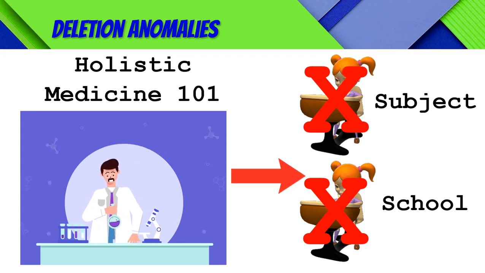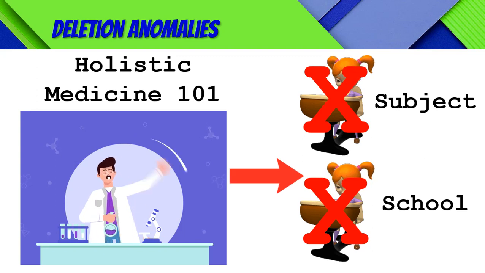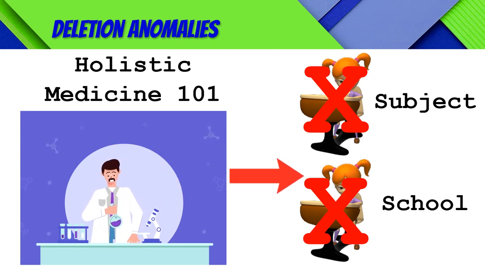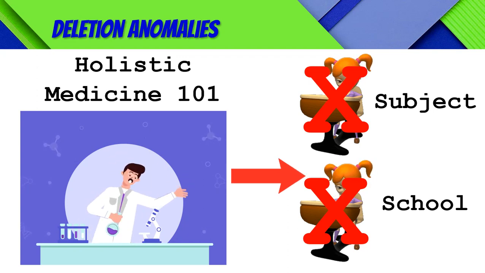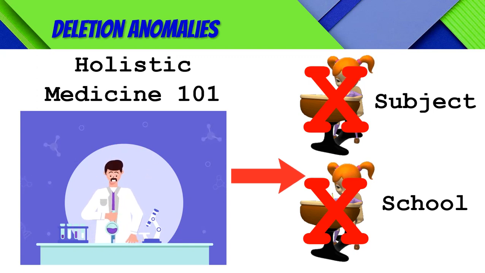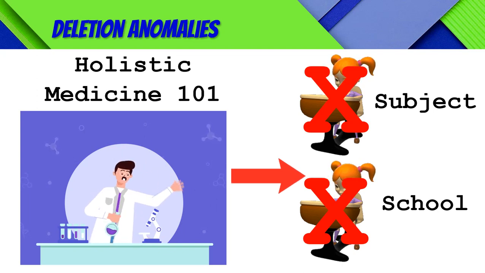So, ma-delete ulit yung information ni student B. So, ang magiging anomalya natin dito, what if nag-ask ng record si student A at student B sa ating school? Wala na tayong may bibigay na records nila kasi nga wala na po tayong records na naka-store sa ating database system because it is now deleted. Kaya yon tinatawag nating deletion anomaly. Okay, doon na tayo nagkaroon ng anomalya sa pagde-delete ng information.